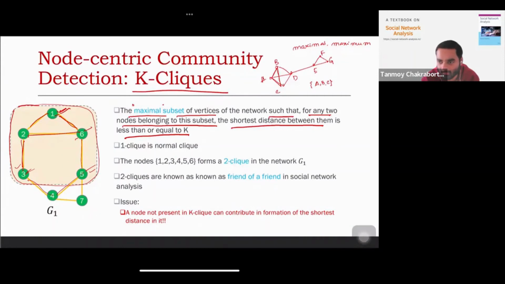This is not a maximal clique, because if you add another node, and the property still persists after adding that node, meaning if you add node D, for example, and the resultant set A, B, C, D is still a clique, then ABC is not a maximal clique.